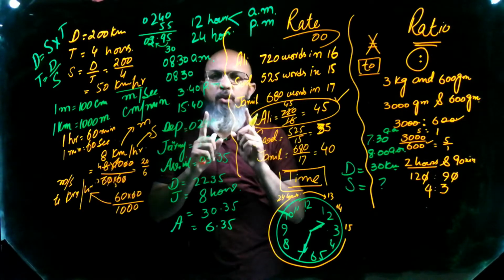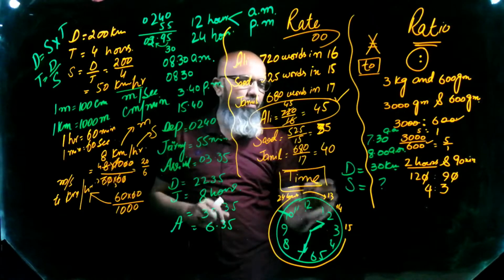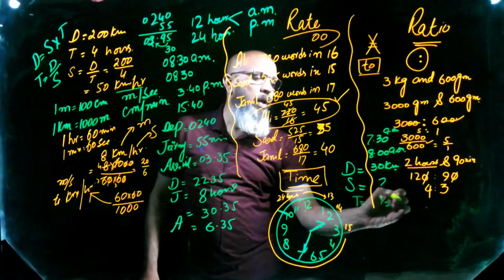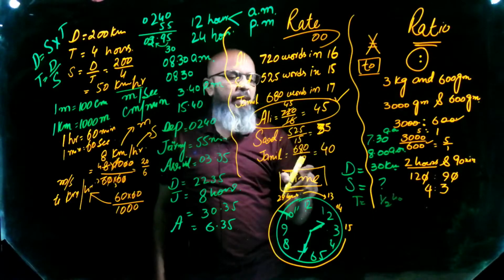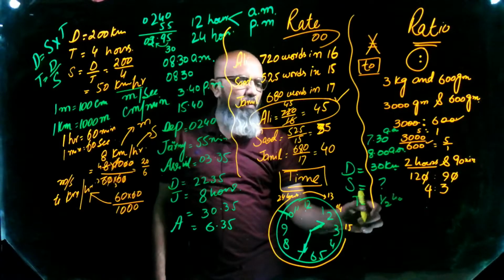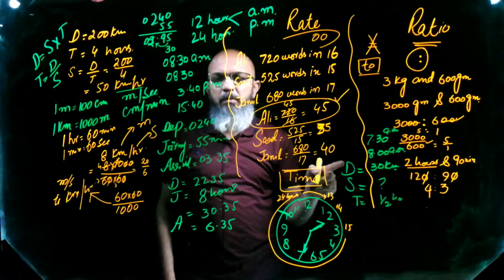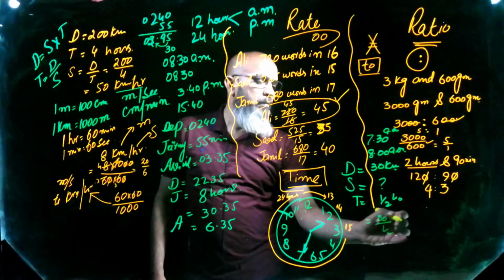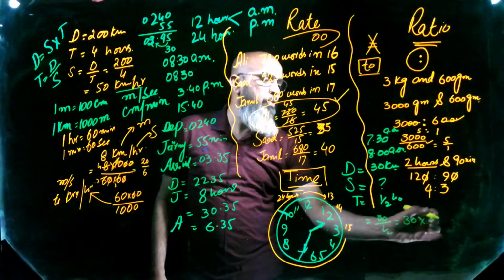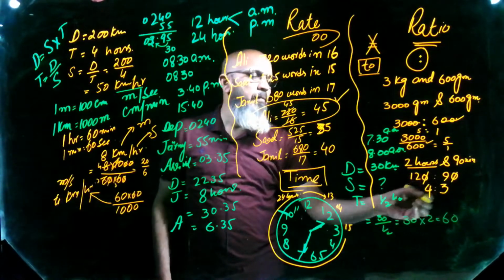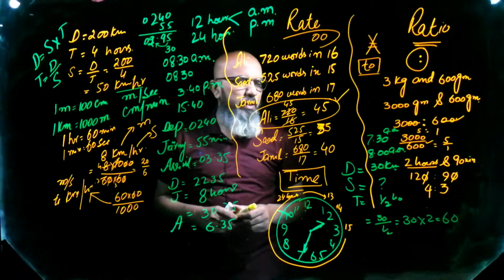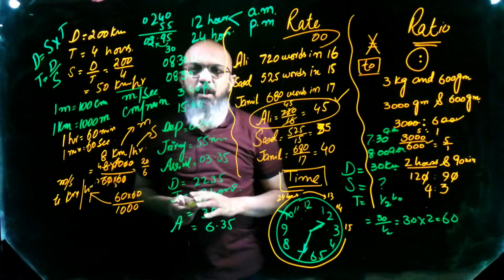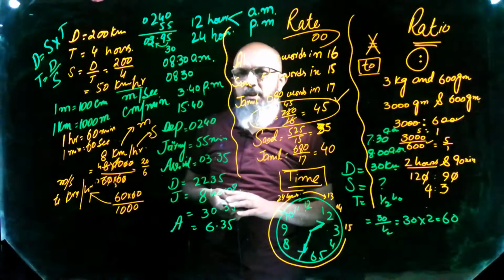You consumed 1 hour, sorry, half hour. Now you can calculate your speed very easily. 30 divided by 1/2 means it will come in the reciprocal, so 30 multiplied by 2, that is 60 kilometer per hour. It means if you travel at 60 kilometers per hour, you will reach your office in 30 minutes. So in this way you can solve these questions.